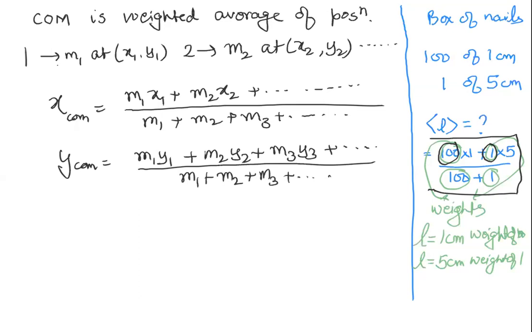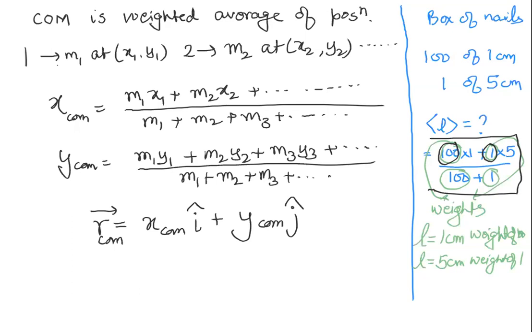So the position vector of the center of mass will be equal to x_cm i cap plus y_cm j cap. There is a z, of course, here also, which I have not written, but the third coordinate will play a similar and equal role as the first two coordinates.